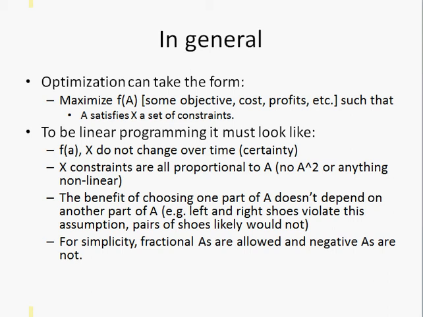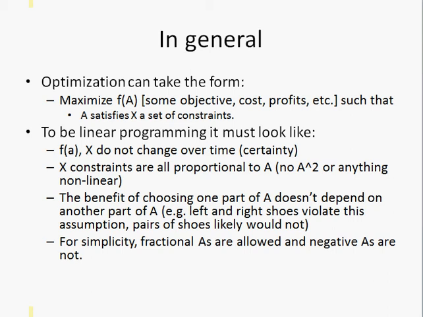And the reason that we have to assume it produces a number is because we're going to maximize that number, or maximize the benefit, which can be maximizing a good thing or minimizing a bad thing. So that's optimization, single dimension optimization in general. We've got some function that takes a bunch of inputs and produces one number as output.